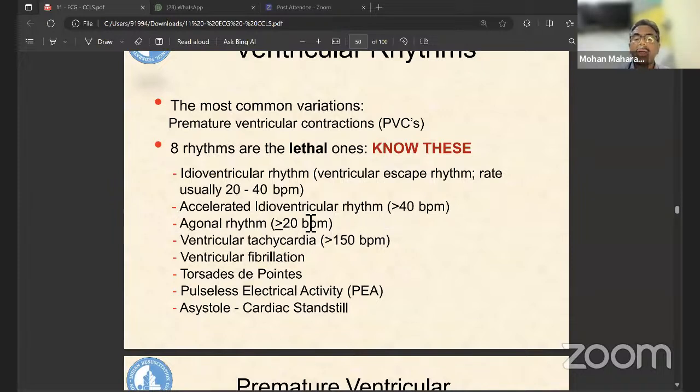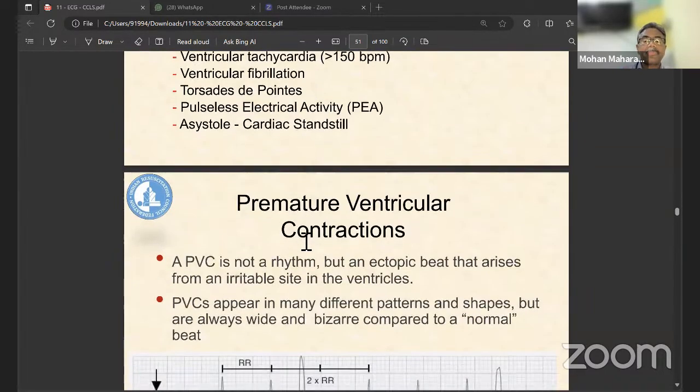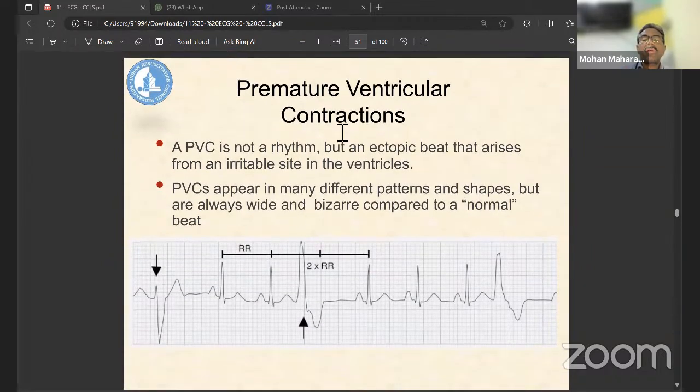Agonal rhythm, more than 20. And ventricular tachycardia, more than 150. Ventricular fibrillation, torsades de pointes, pulseless electrical activity, and asystole. These are all eight rhythms which are lethal ones. We should all know this, because then we know what to do, or whether to give a shock, shockable or non-shockable, we'll discuss. So, premature ventricular contractions.